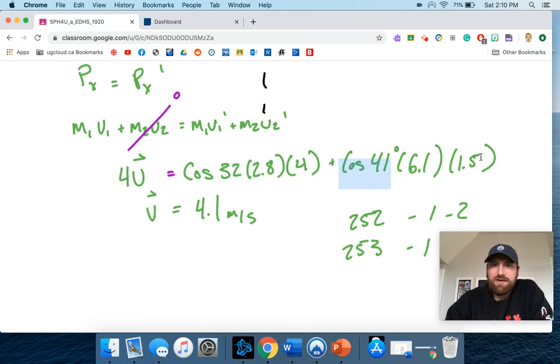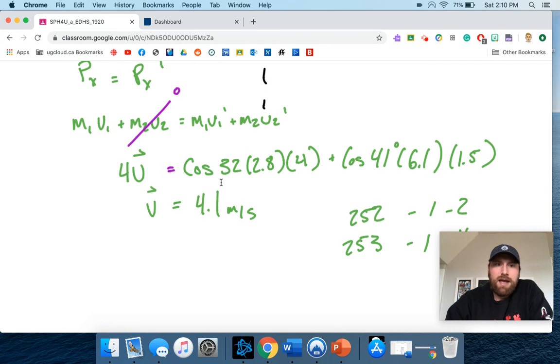And then this is going to give us, in the x direction, our P prime as well for the cantaloupe. And we know that because the cantaloupe starts at rest, it has no momentum. So all of that momentum has to be coming from the 4 kilogram bowling ball, which is equal to m times v, or m1 v1. And so we just isolate and say, okay, all of this has to be at 4.1 meters per second in the x direction.